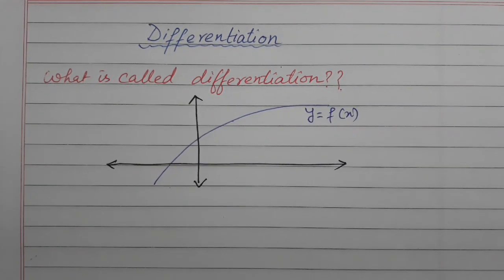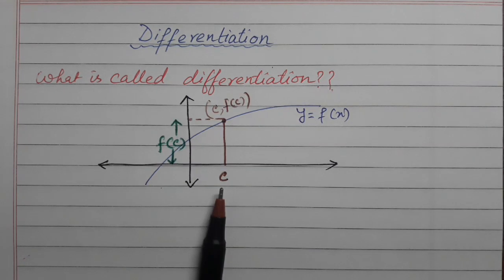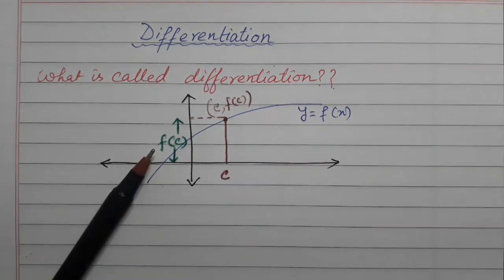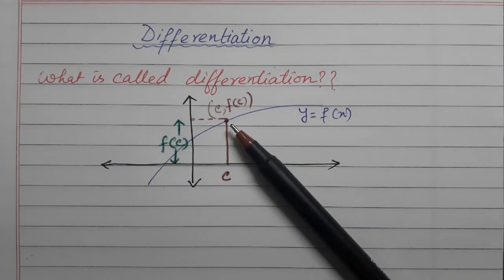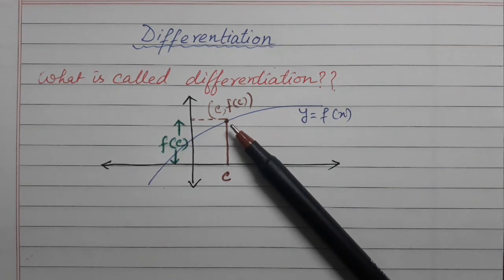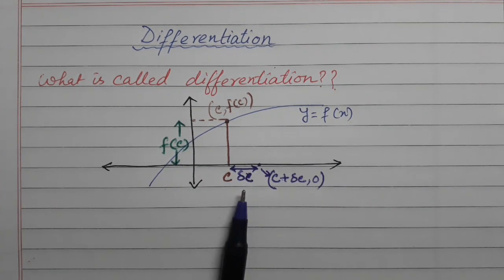So let us suppose that y equals f(x) is the graph of a function, and at x equals c the value of the function is f(c). Therefore, the coordinate of this point will be (c, f(c)). Now let us suppose there is a small increment in x.